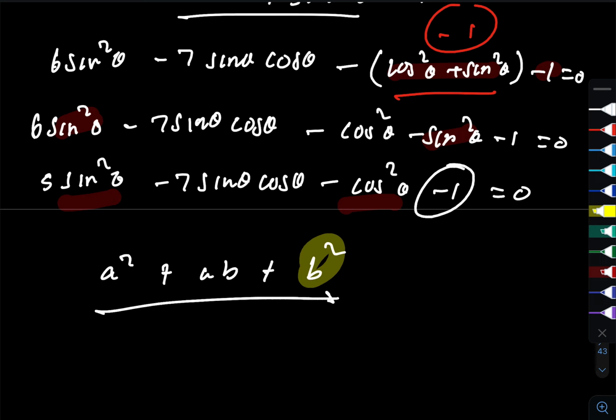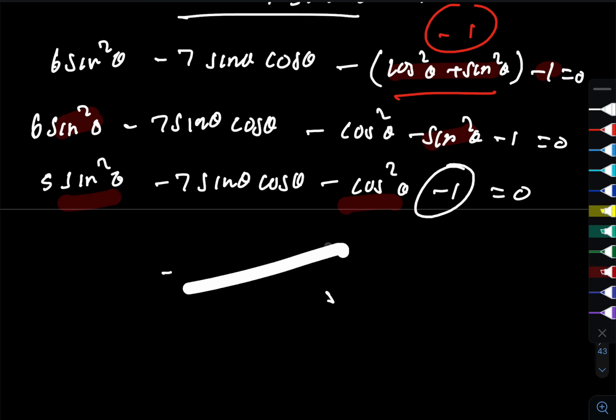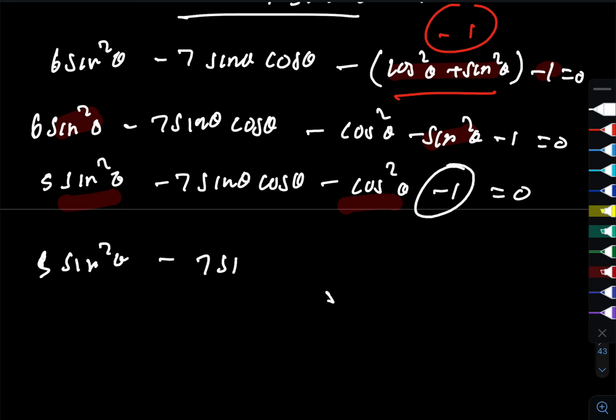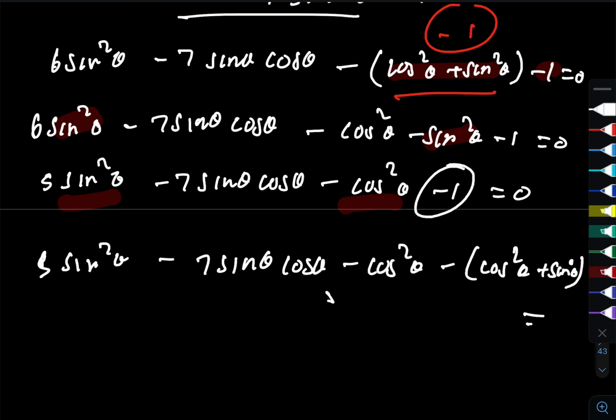So I'm going to make sure that I change the 1 again. So this is going to be 5 sine. However, I took a rather long direction, but it's fine. I'm going to subtract again cosine squared theta plus sine squared theta. This is all going to equal 0.